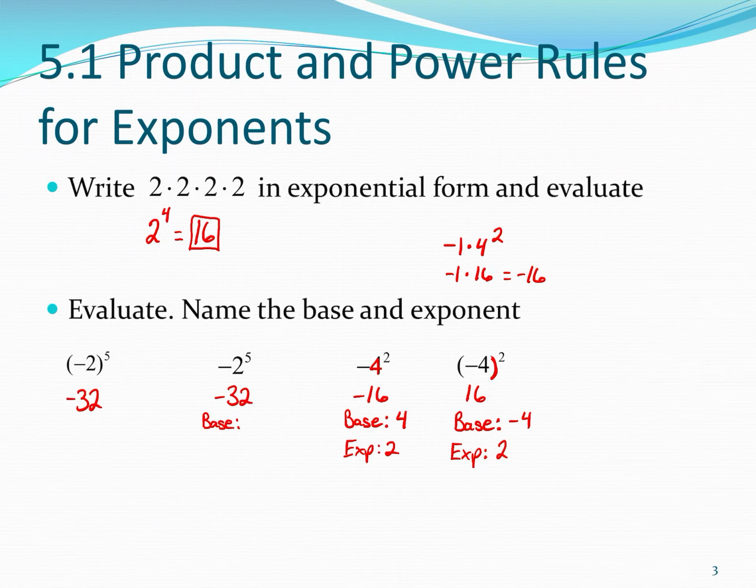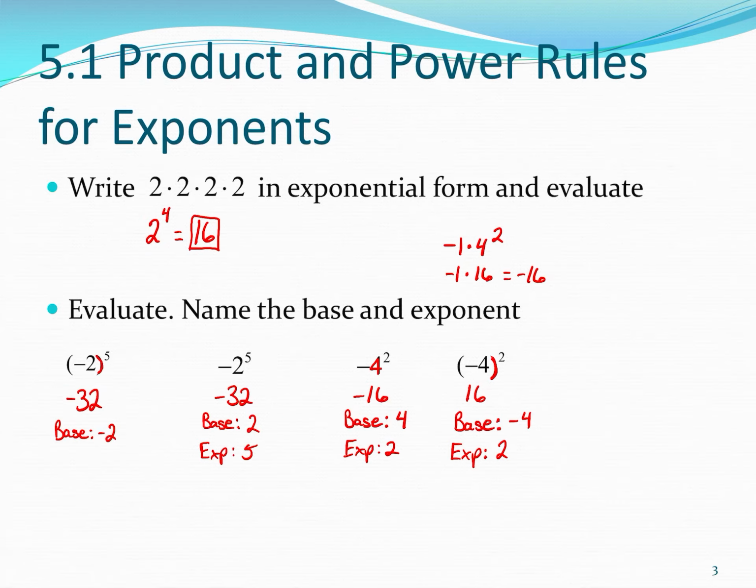Okay, now, look at the second one. Again, we're working backwards here. What is the base? Well, the base in this case, again, what is directly in front of that exponent is just 2. The exponent is 5.